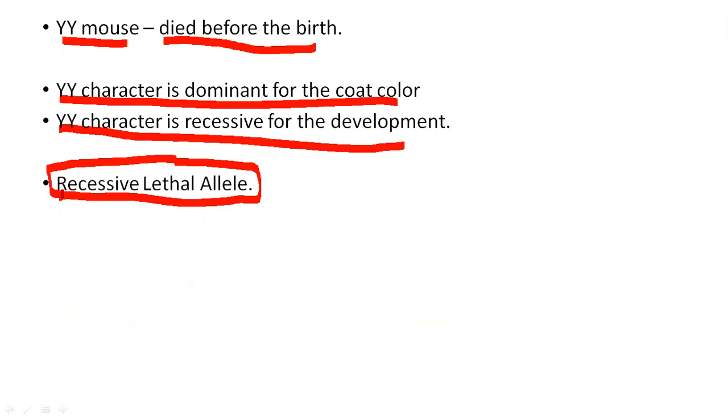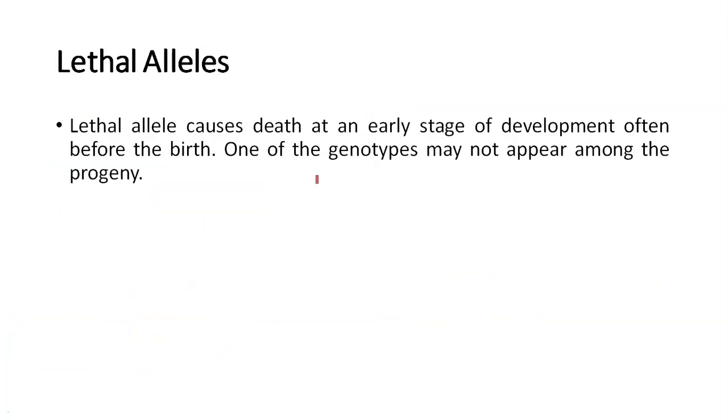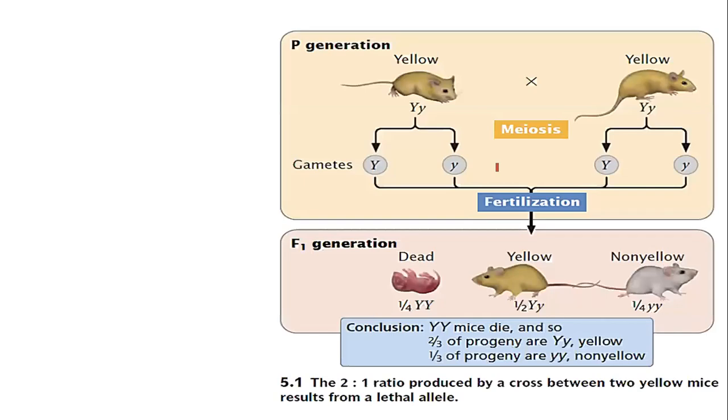So the lethal allele definition is that it causes death. It is any allele that causes death at an early stage of development, often before birth. So one of the genotypes will not appear among the progeny. Here is the cross: a mouse capital Y small y, heterozygous, and capital Y small y. What will be their gametes?